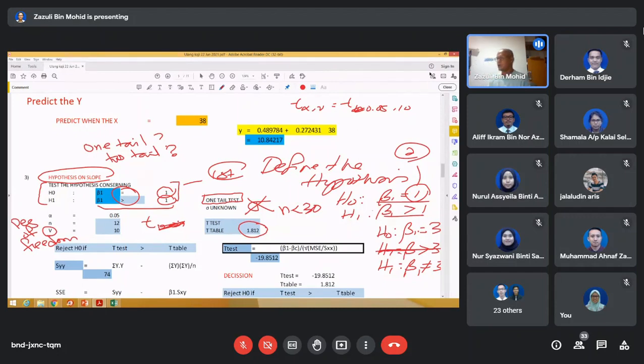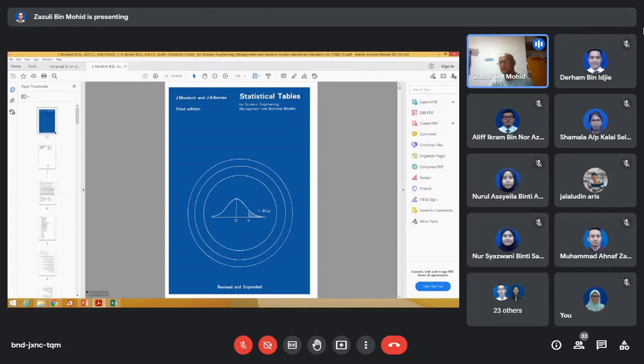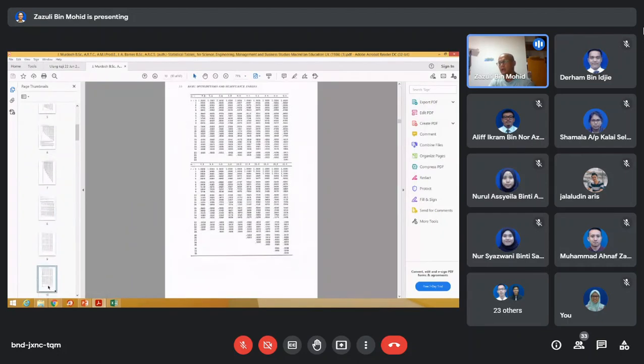And then in this case, when you look at the table, we have the statistic table. Look at the t distribution, which must be in table number 7.